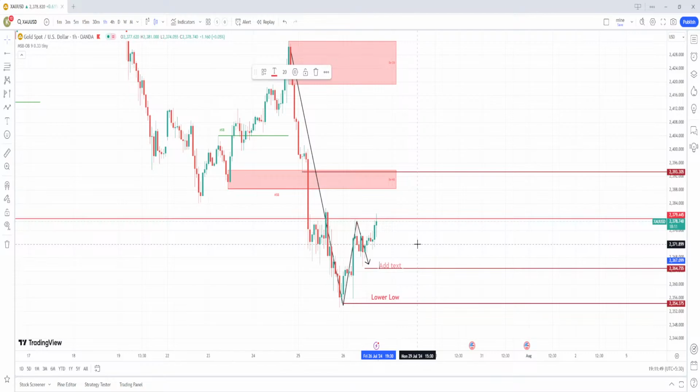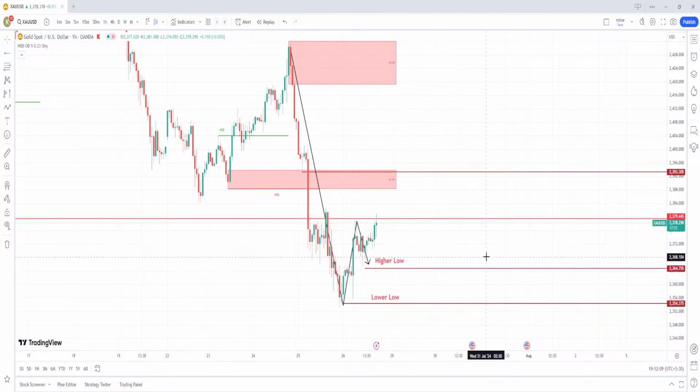There is a possibility of a shift in momentum and a change in structure. It shows there is a possibility of the price bouncing back from this area to the upside. So I have to wait for a while.